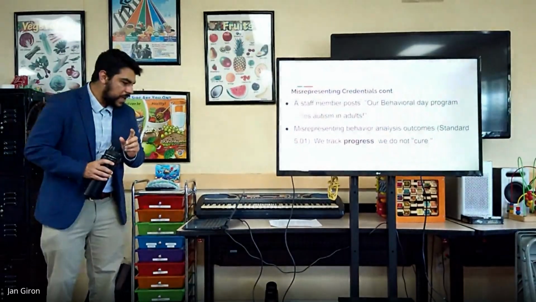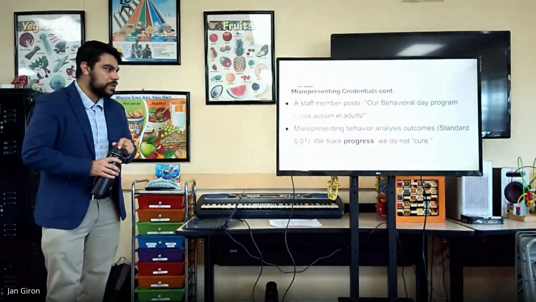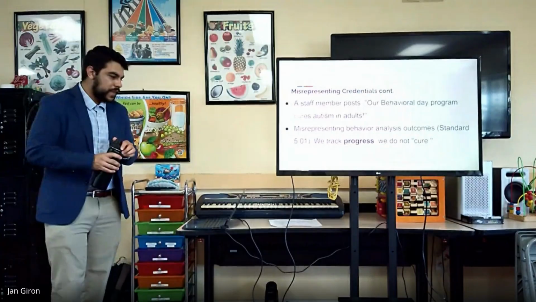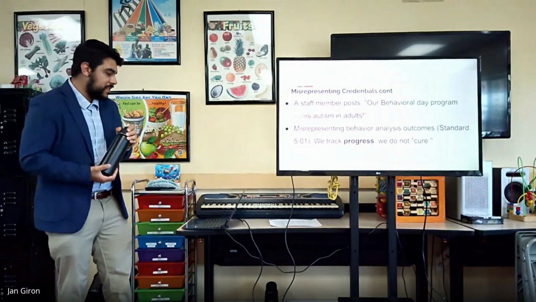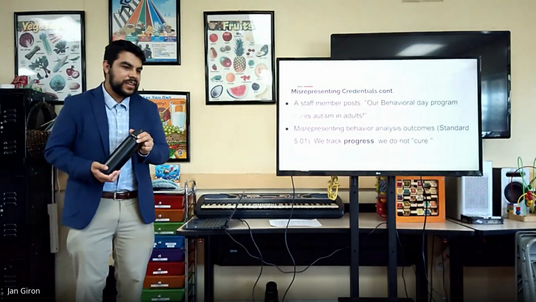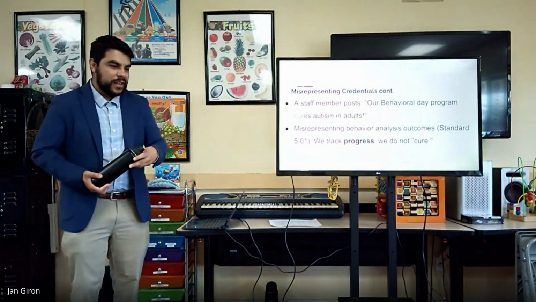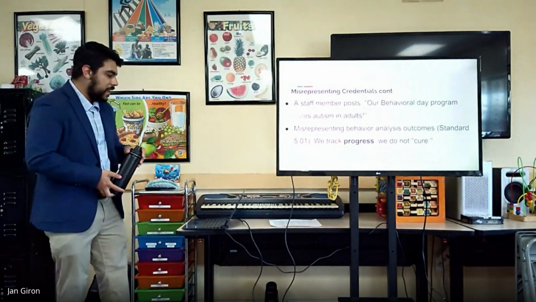And then this pertains to using social media to make outlandish claims. Now, there are actual companies that have done this, where they say, oh, our ABA clinic is so good, it'll cure autism. Something similar to this example where it's for adult clients.